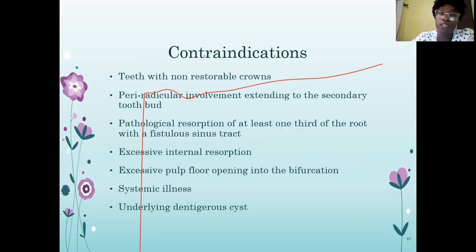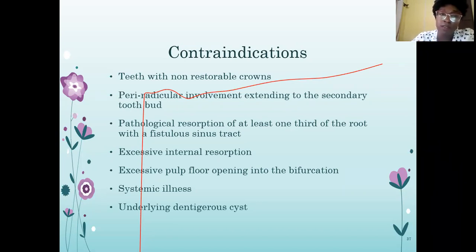So what are the contraindications for pulpectomy? Teeth with non-restorable crowns. A lot of the time, if you can't restore your crown, you can't place a stainless steel crown, then there is no use doing the pulpectomy. When the radicular involvement is extending to the secondary tooth bud, when you have resorption of at least 1/3 of the root, or there's a tract.